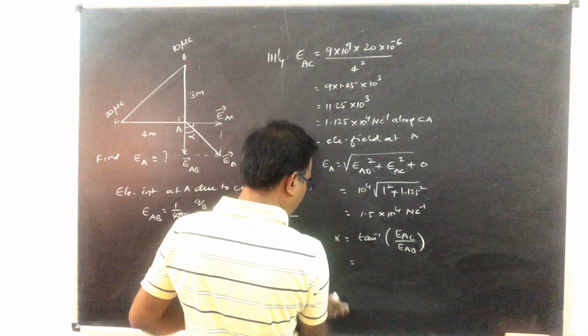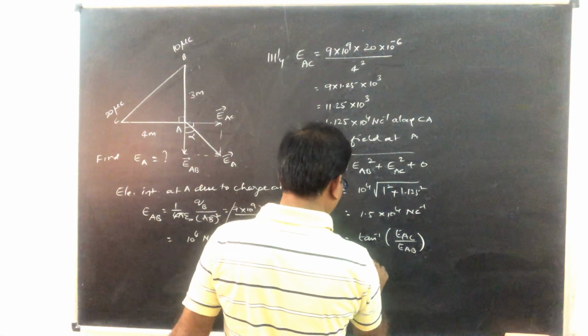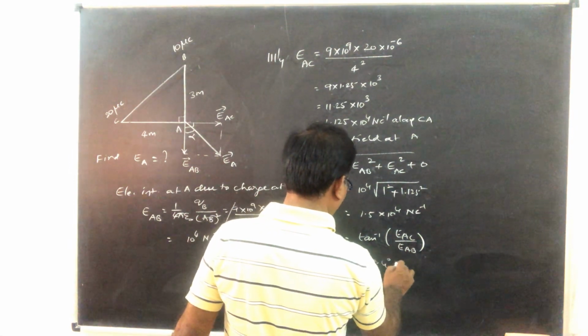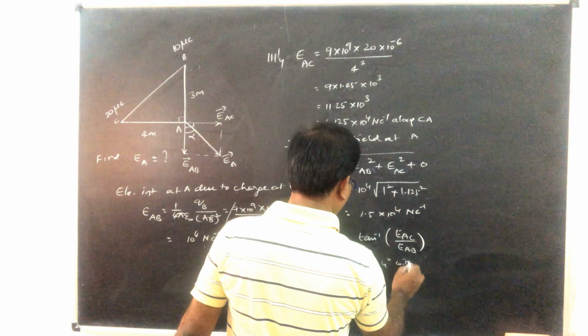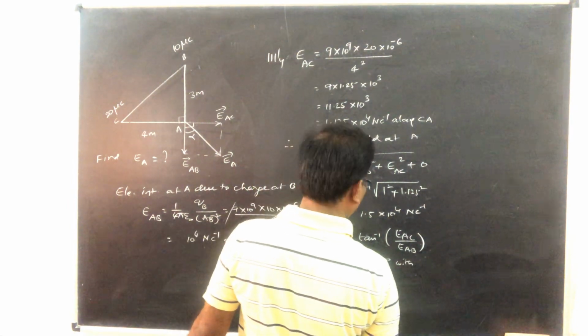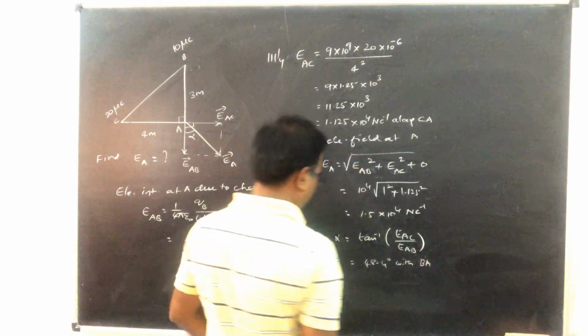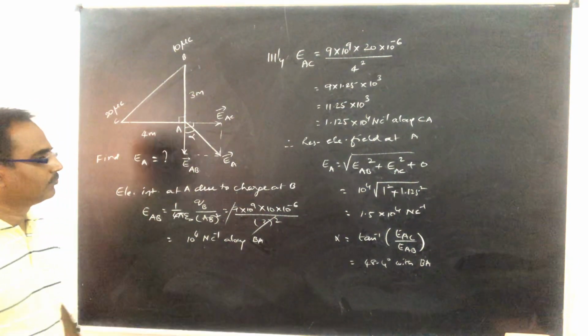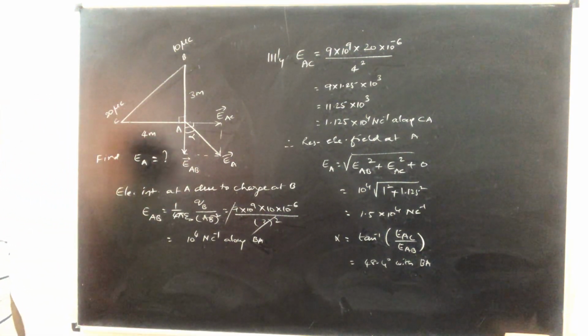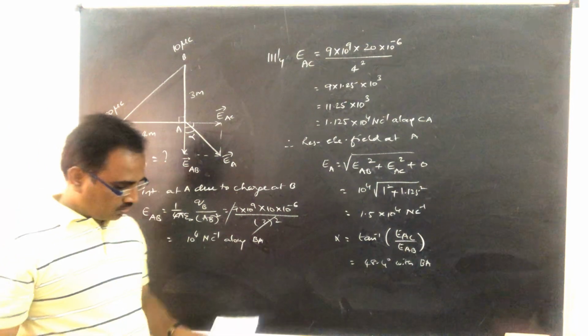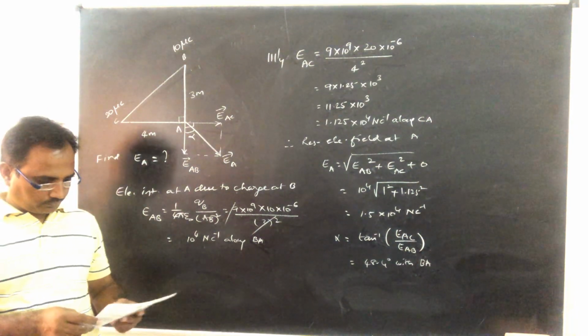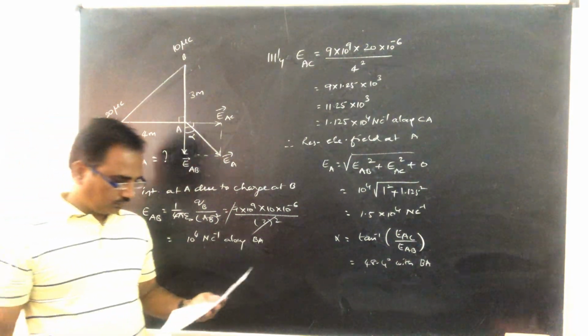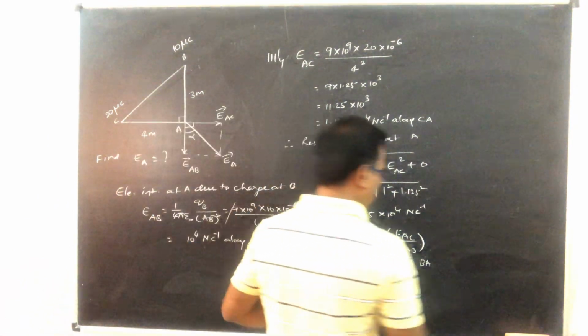So from this, if you calculate this angle, it comes to be 48.4 degree with BA. So this is the solution for this problem. You look at the next one.